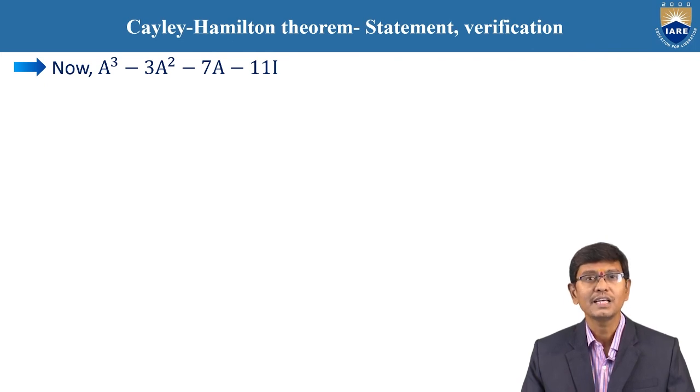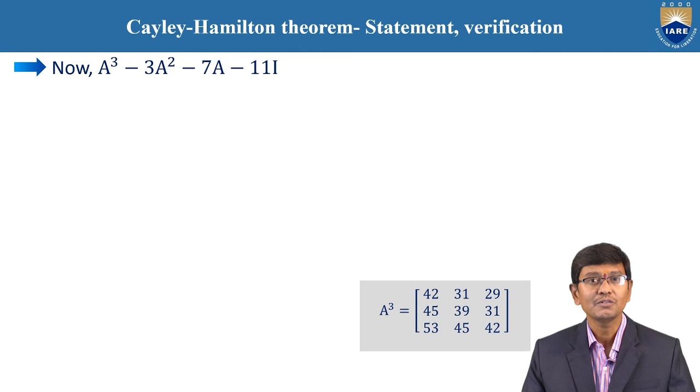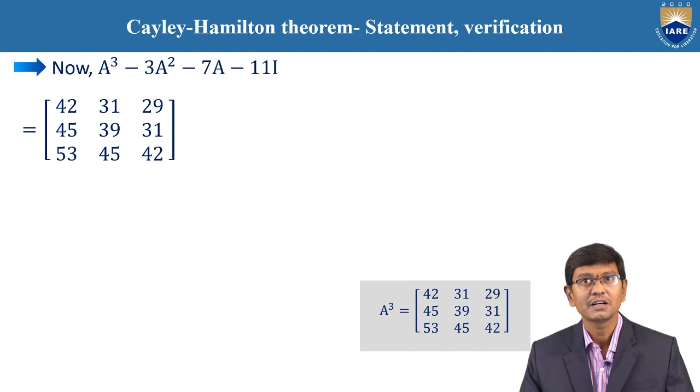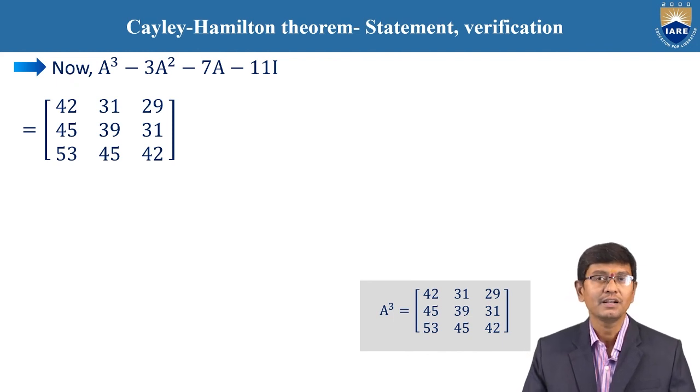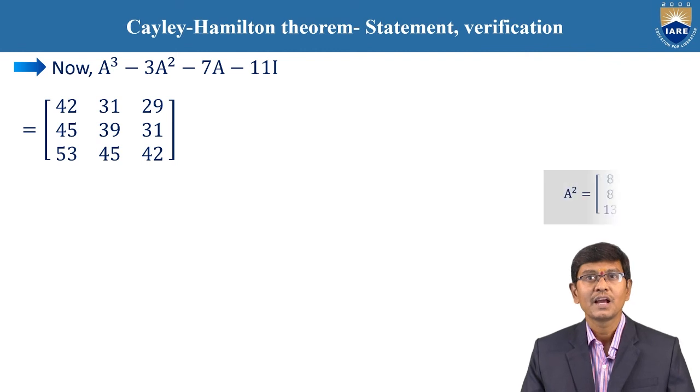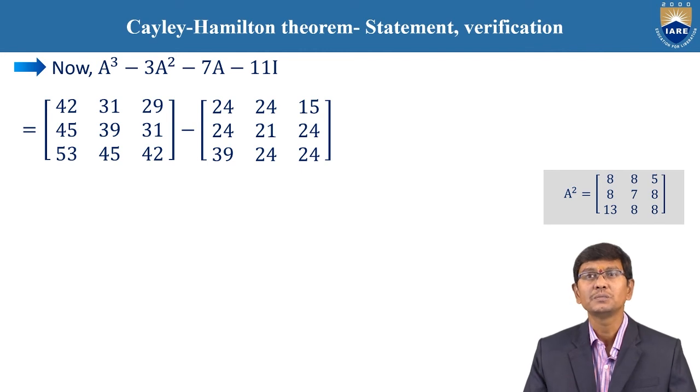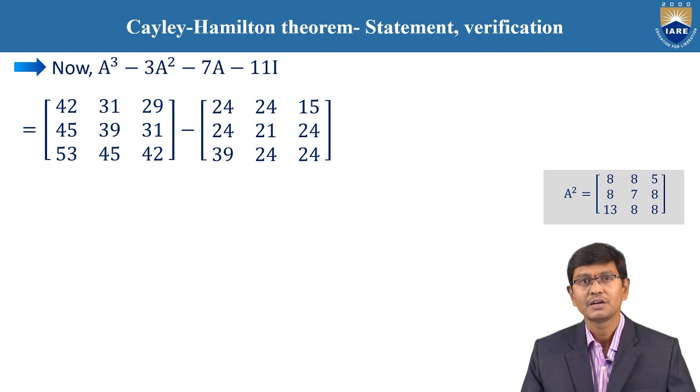Now, the equation treated as the second one is A cube minus 3A square minus 7A minus 11 into I. In this equation, one by one, we replace A cube with 42, 31, 29, 45, 39, 31, 53, 45, 42. Similarly, A square, after multiplication with 3, the values change to 24, 24, 15, 24, 21, 24, 39, 24, 24.